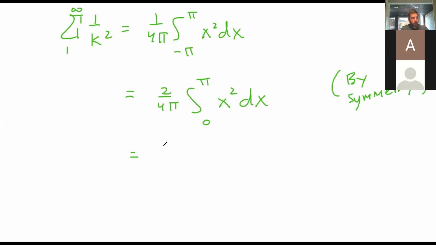And so that's 1 over 2 pi times 1/3 x cubed from 0 to pi. And of course, when you evaluate this, you get pi squared over 6, just as we got in a completely different manner before.